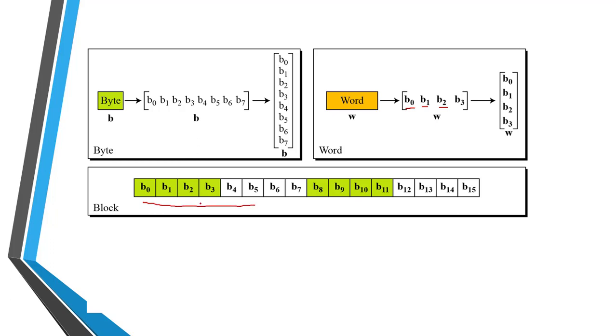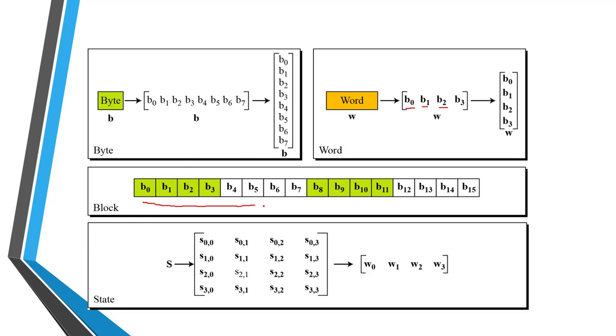So all the 16 bytes are arranged in a block or a matrix, and the intermediate results are stored in the state matrix, that is S0, S1, S2 and S3. The intermediate result is also a 4 cross 4 byte matrix, where each cell of the intermediate matrix consists of 1 byte, and one column of this intermediate state is considered as one word.